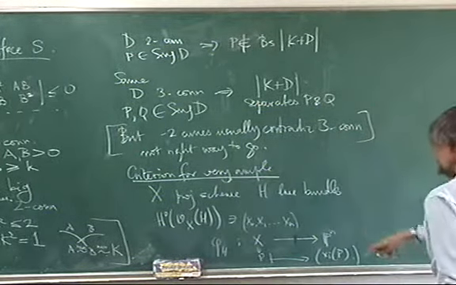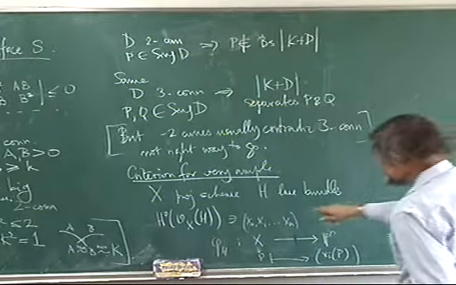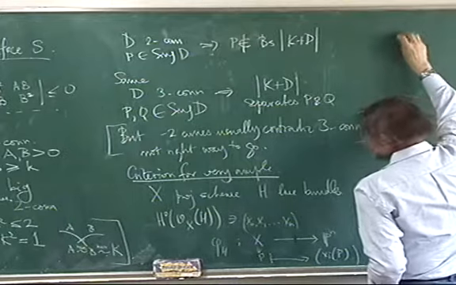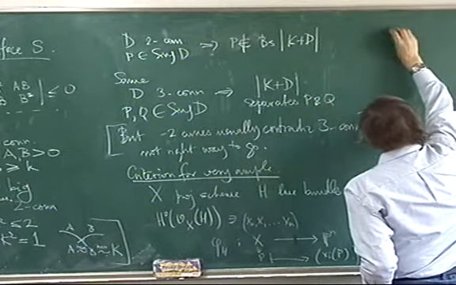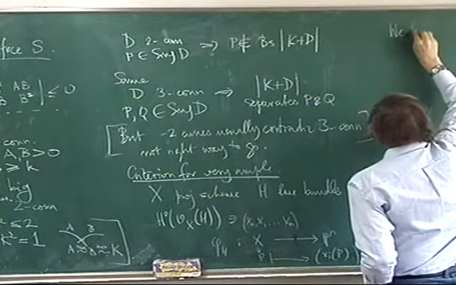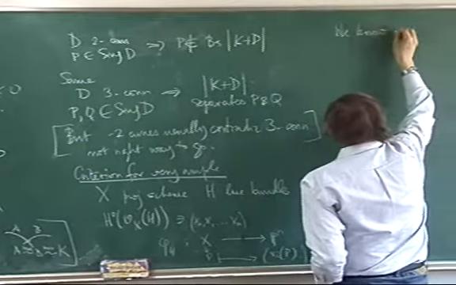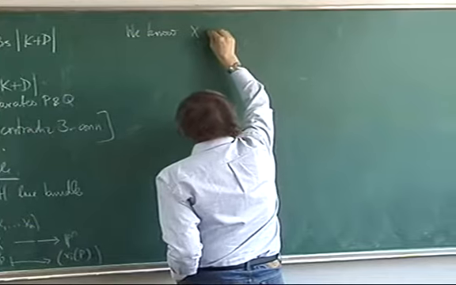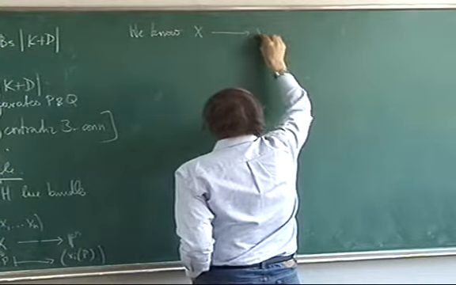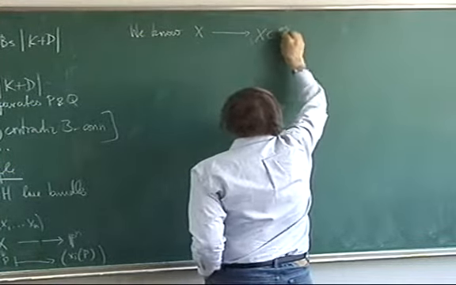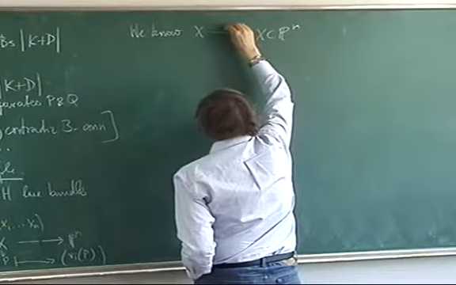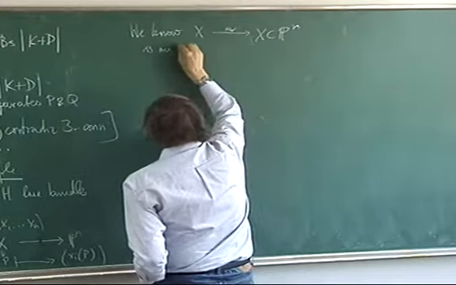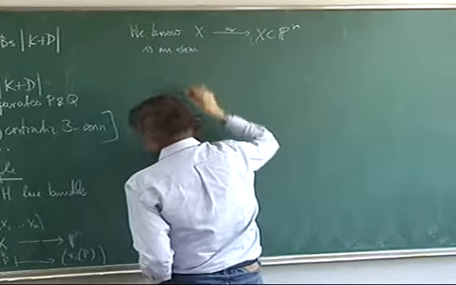And so I want to give a criterion for this to be, so everybody knows, that x maps to phi(x) in P^n is an isomorphism, or isomorphic embedding.